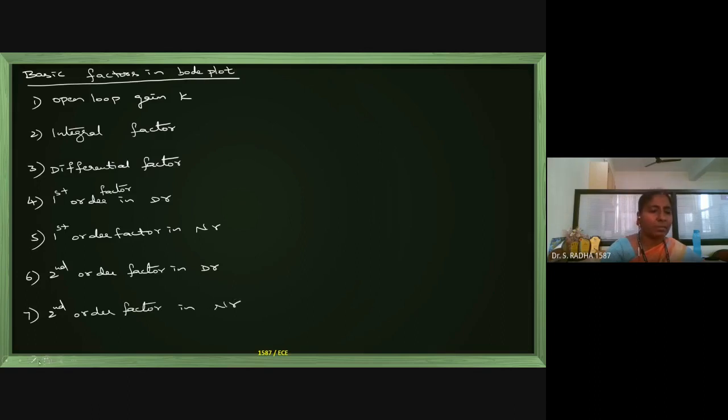Now I will take an example. If the loop transfer function G(s)H(s) is in this fashion: 20 into (1 plus 3s)(1 plus 2s) whole square, and in the denominator I have s power 3, (1 plus 5s)(1 plus 4s) whole square.